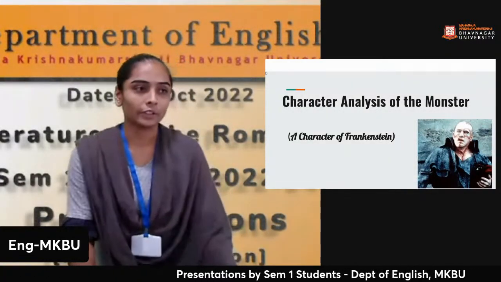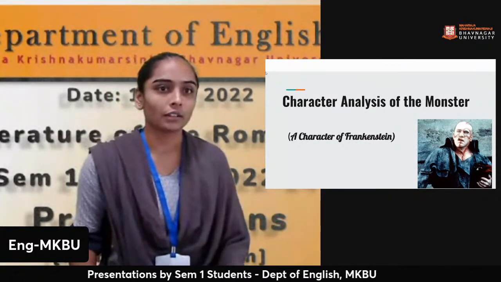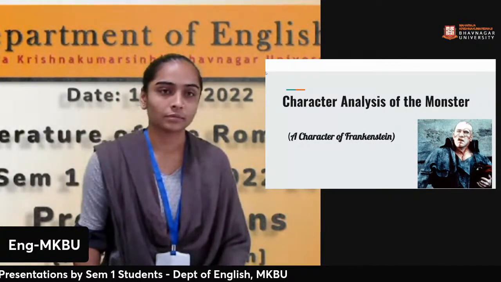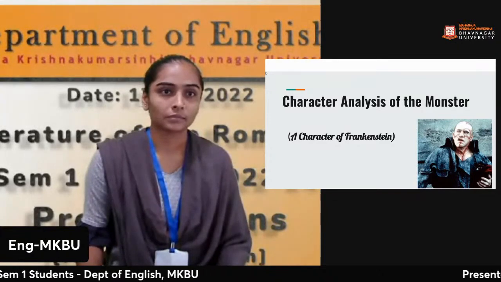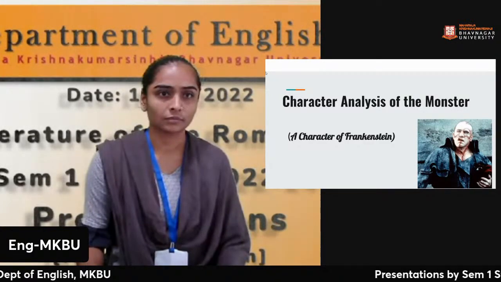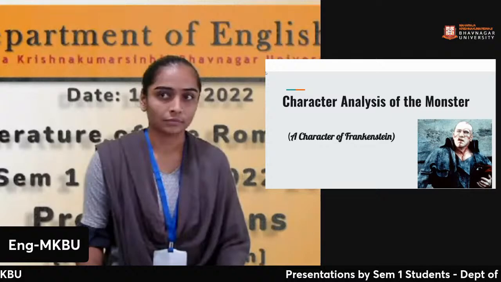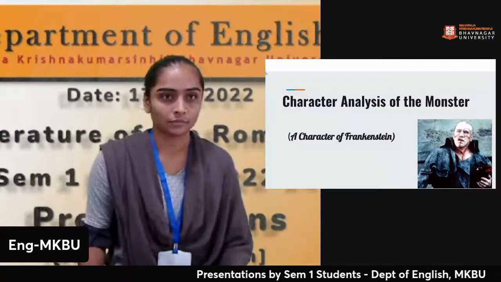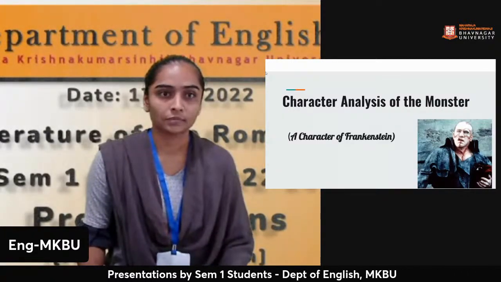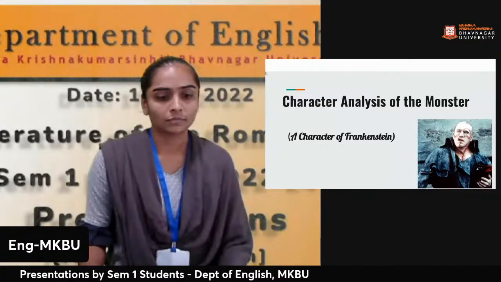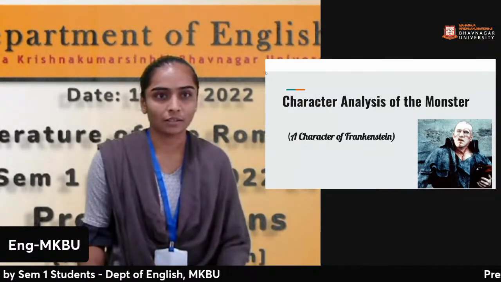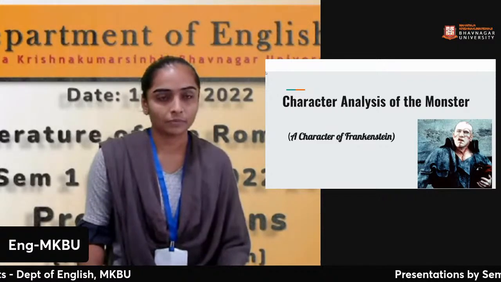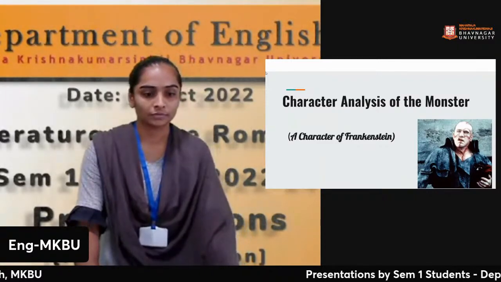Hello everyone, I am Rinkal. Before you start, in your topic you have mentioned that you are going to speak on the analysis of the monster from Frankenstein, a character of Frankenstein. Frankenstein is the title, not the name of the person.